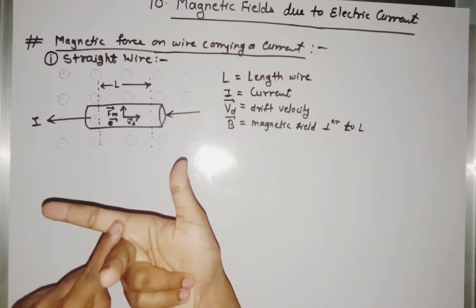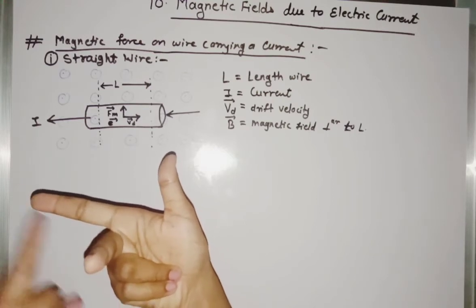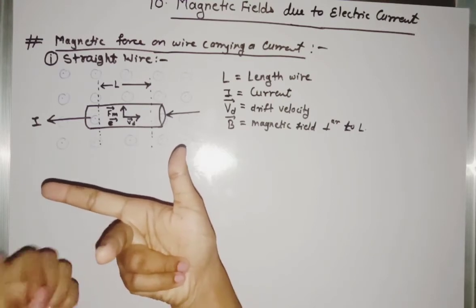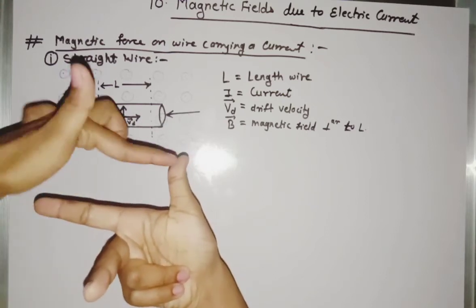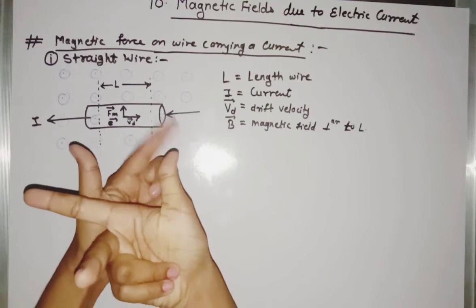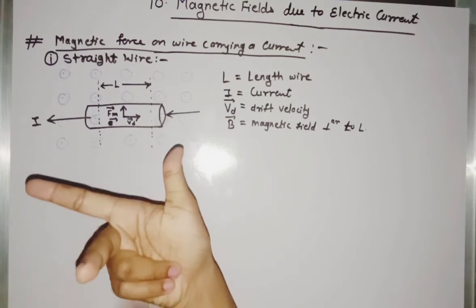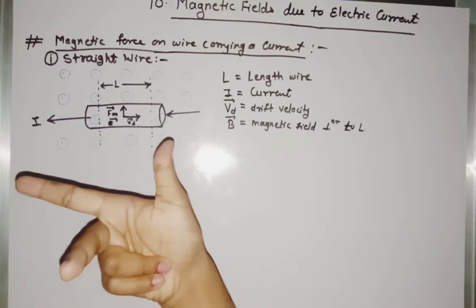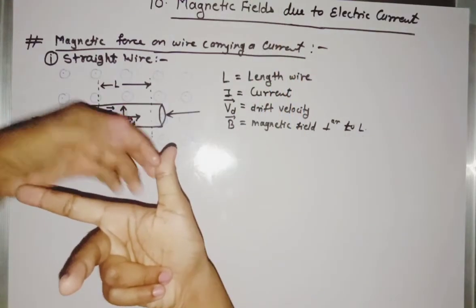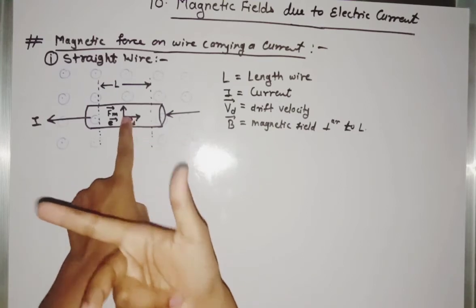Look here: this is the direction of current flow, and the magnetic field is perpendicular in upward direction. This middle finger is indicating it, and this thumb will indicate the force due to the magnetic field. So the direction of force is in this way.